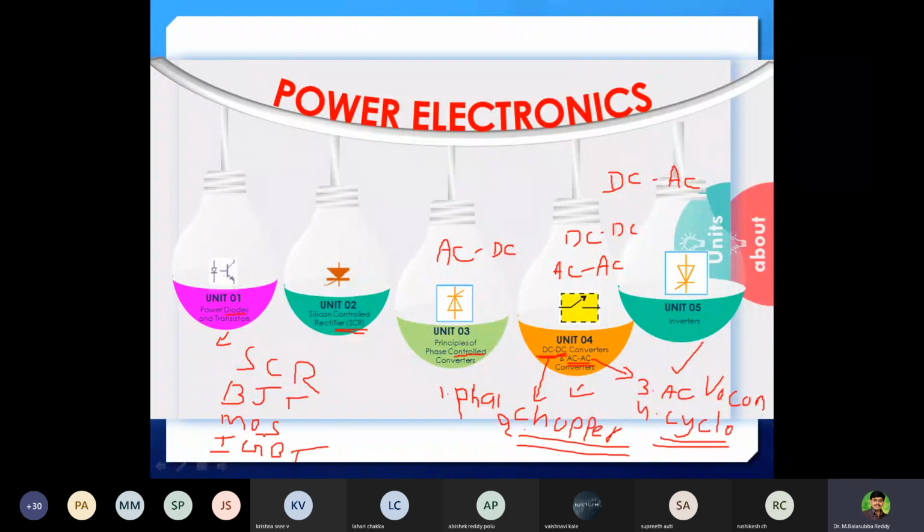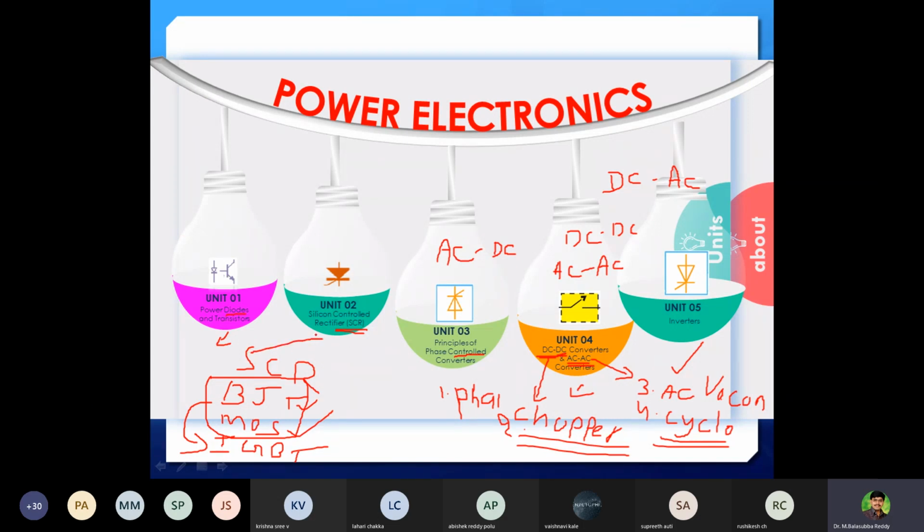It is a combination, nothing else. If you club the advantages of BJT and the advantages of MOSFET and make it hybrid, then we get the IGBT. So those are the devices we are going to study in the first unit.